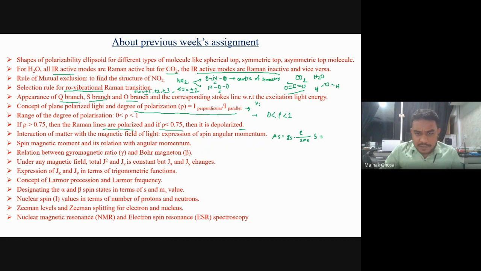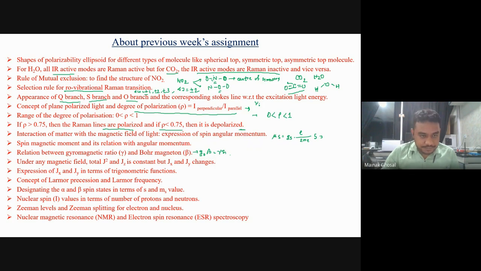Also the relation between gyromagnetic ratio and Bohr magneton was shown. Bohr magneton was depicted with h cross, and it was shown that g0 into Bohr magneton beta equals gamma into h cross. This is the relation between gyromagnetic ratio and beta.